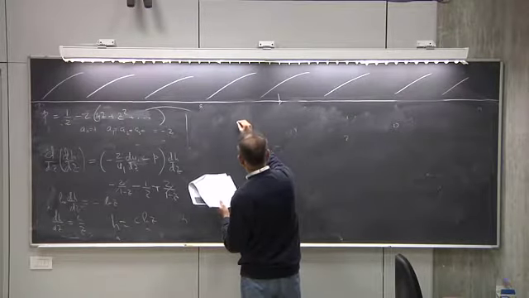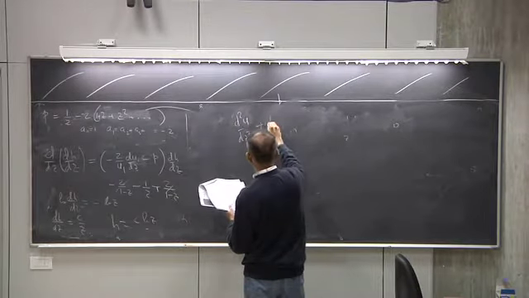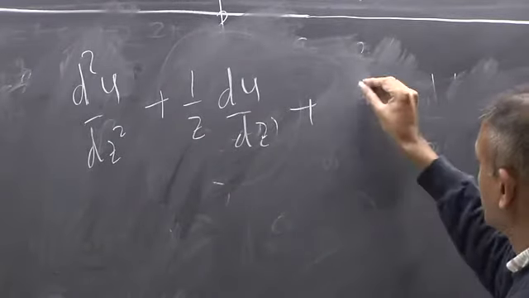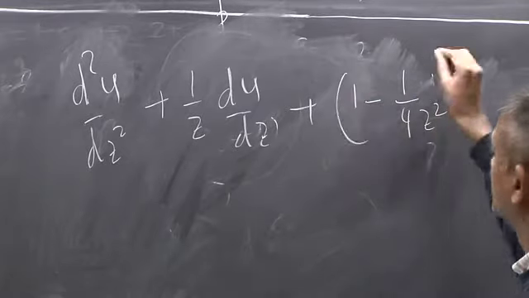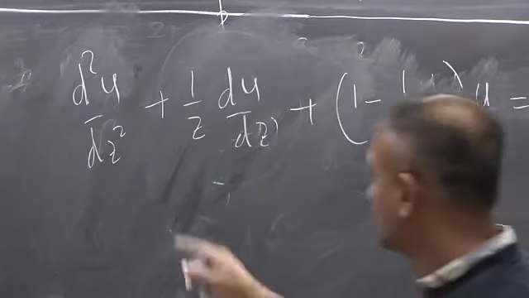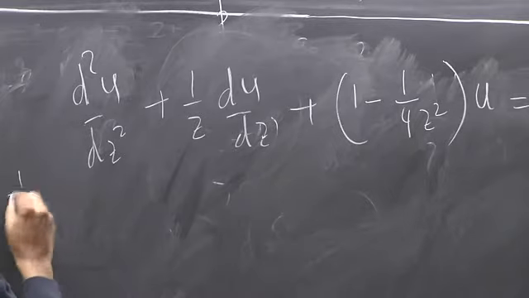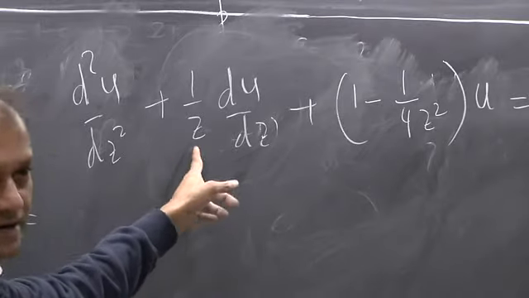It's d2u divided by dz2 plus 1 over z du by dz plus 1 minus 1/4 z square u equal to 0. Okay, we consider this equation. So p is simply 1 over z, and we want to expand around z equal to 0. z equal to 0 is a regular singular point.